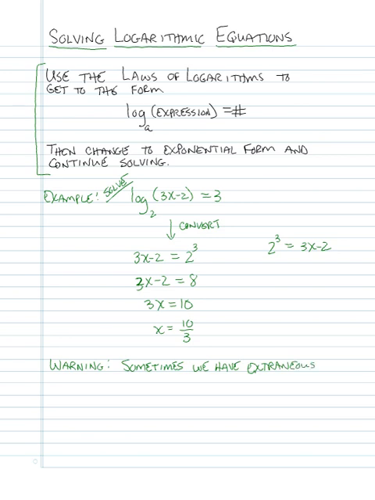An extraneous solution means the process of solving creates what we think is a solution, but it's not really a solution. And so we always have to check the feasibility of our solution.